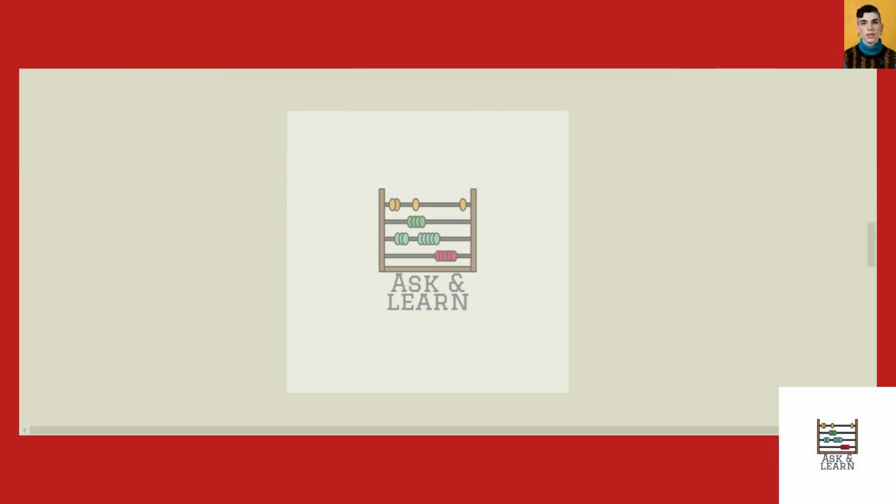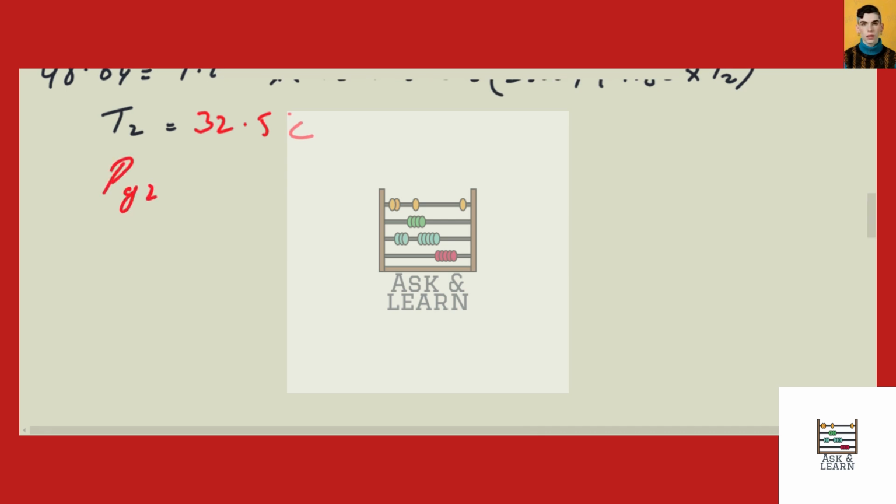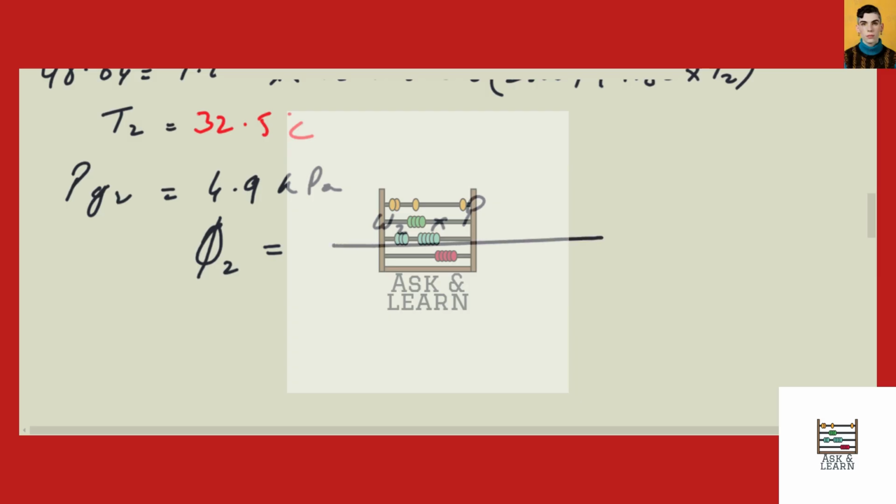The relative humidity, that is phi 2, can be calculated. For the calculation we will need the saturation pressure, that is Pg2, which is equal to 4.9 kilopascal. So phi 2 is equal to W2 into P divided by 0.622 plus W2 into Pg2.